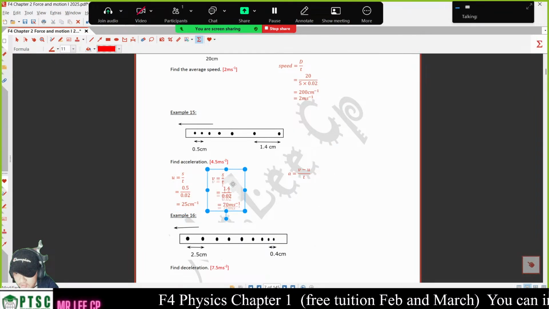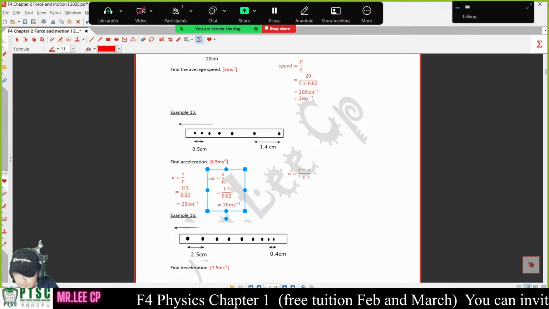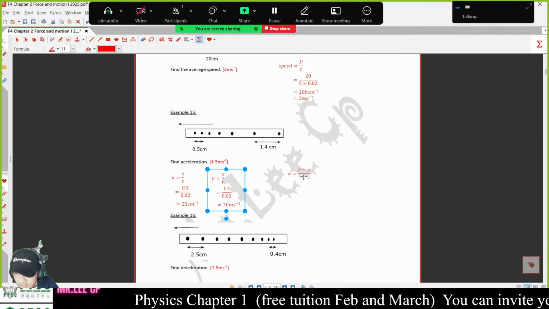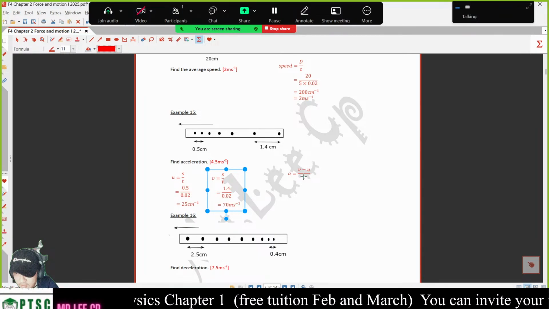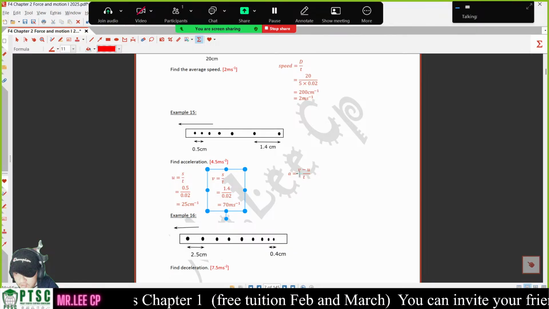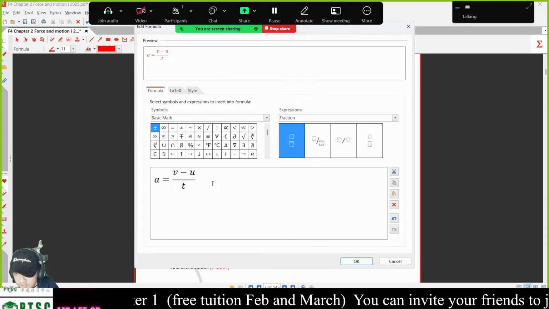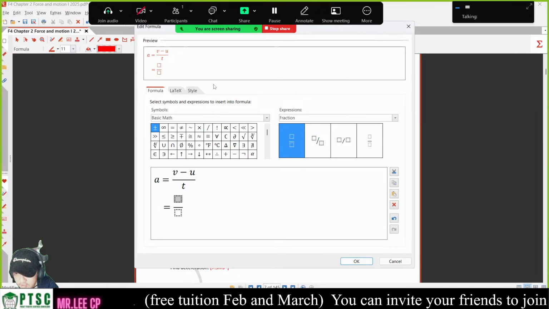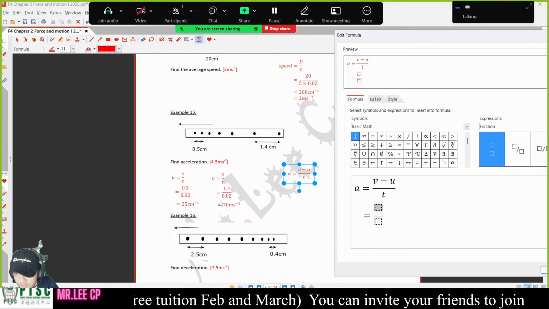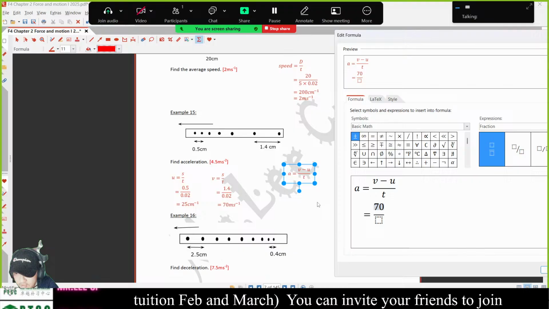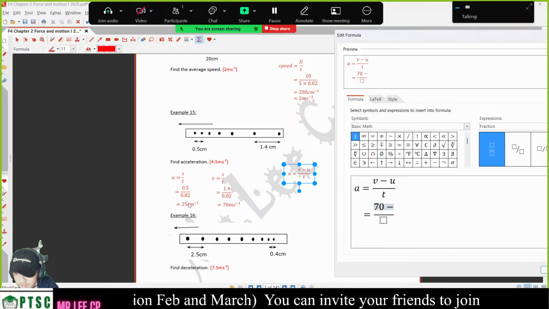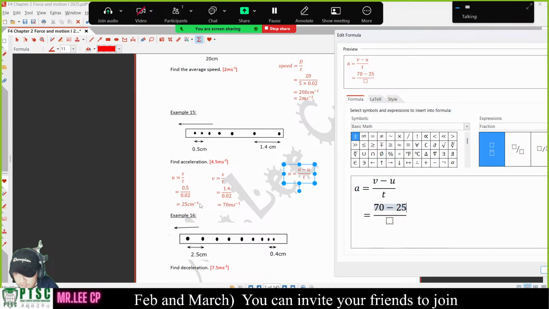So I got v and I got u already, then I can find t, and so I can find a. So a is equal to (v - u) / t. Final velocity v is 70, minus initial velocity 25, over the time taken.